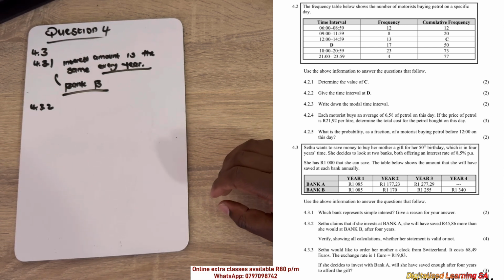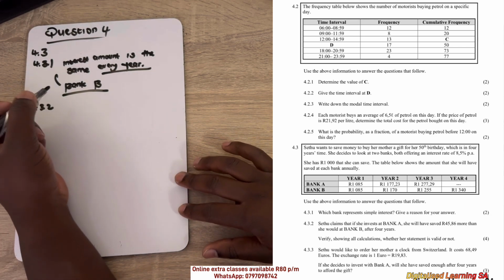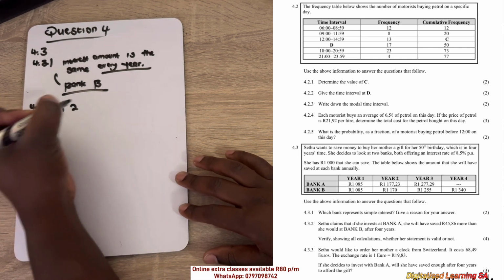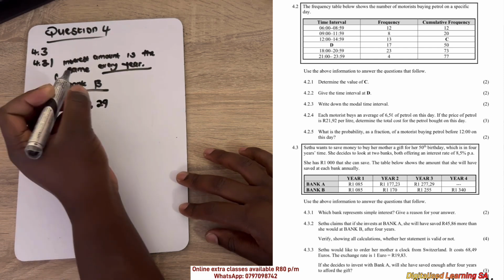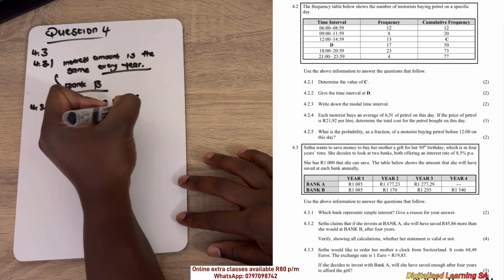So first we need to check how much she will have after 4 years if she's banking with Bank A. So let's calculate the interest for the 4th year. So how do we do it? We take how much she has on year 3, so it's 1,277.29, and then multiply by 8.5, divide by 100.